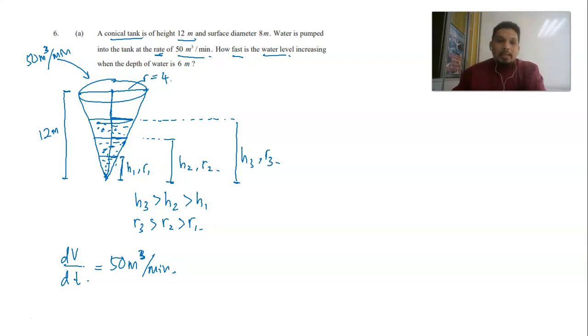Okay class, look at the diagram here. When the volume increases, there's a change of volume. And look at this here: it also has to do with the changes of height from H1 to H2 and H3. So there are changes of height and also changes of radius, because this is a cone, not a cylinder.